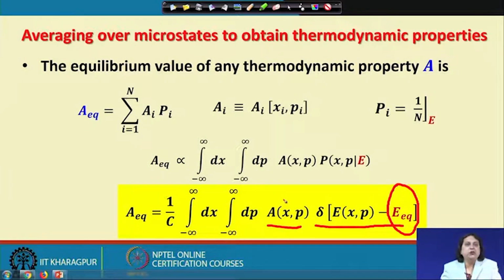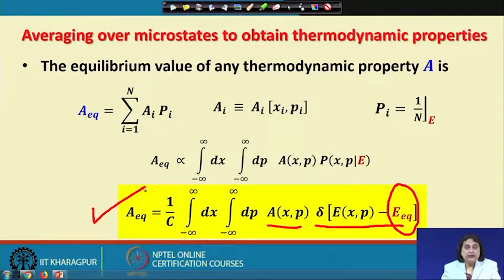Then I integrate over the entire phase space and normalize this integrated value suitably with a constant, and that will give me A equilibrium.